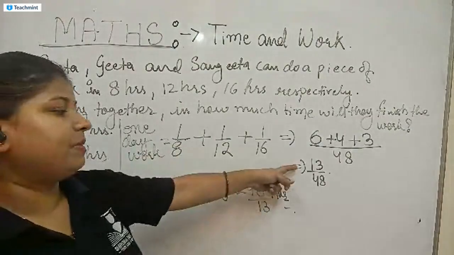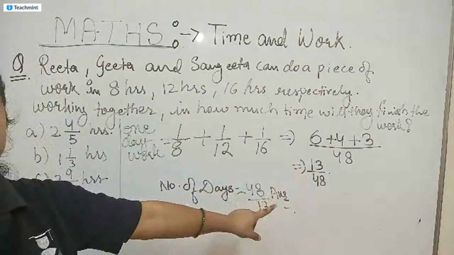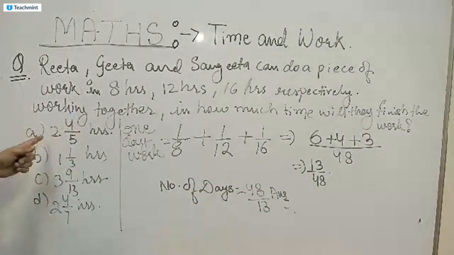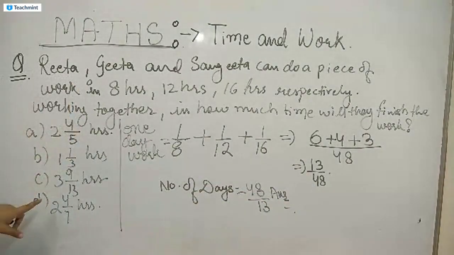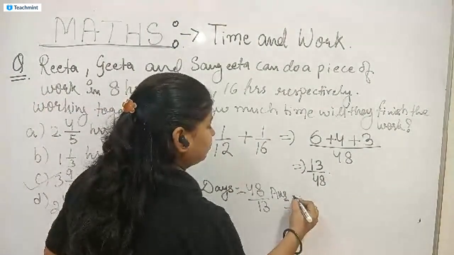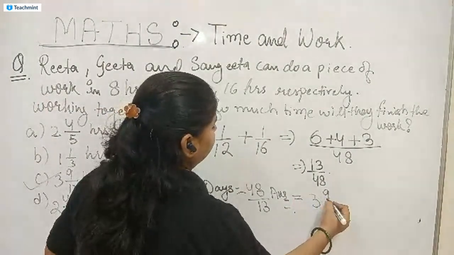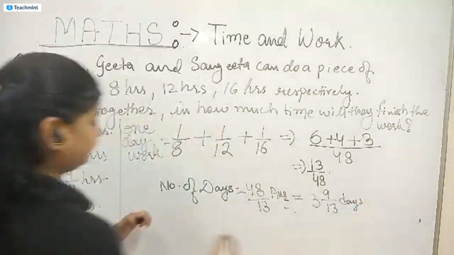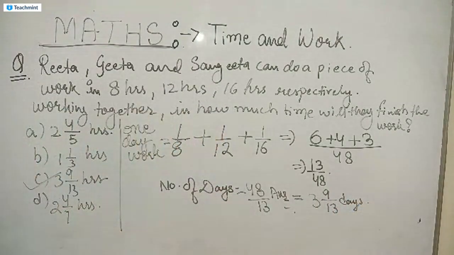Number of days would be the reciprocal of it, that is 48 upon 13. Now 48 upon 13 is not in the options, but I can see option C has 13 in the denominator. That's why option C is my answer. If you want, you can convert this into a mixed fraction also. You will get 3 whole 9 upon 13 days as your answer. 13 into 3 is 39 and 39 plus 9 is 48.